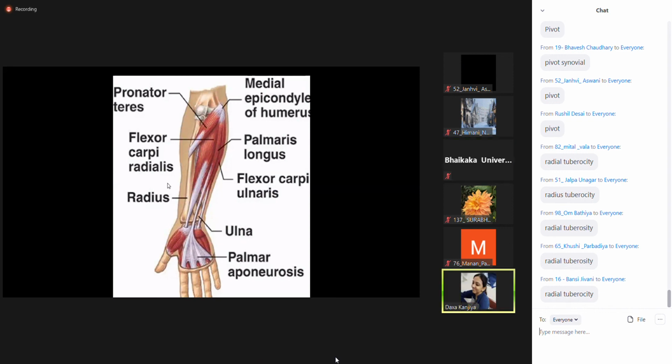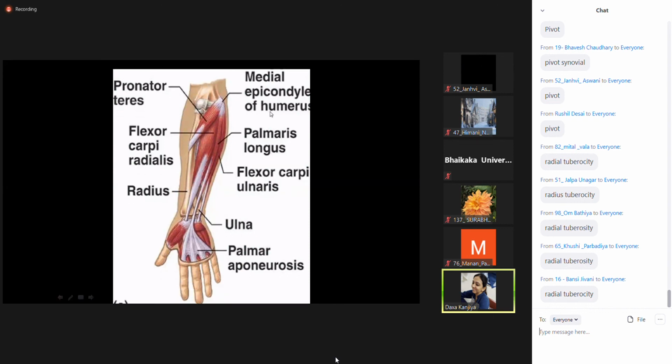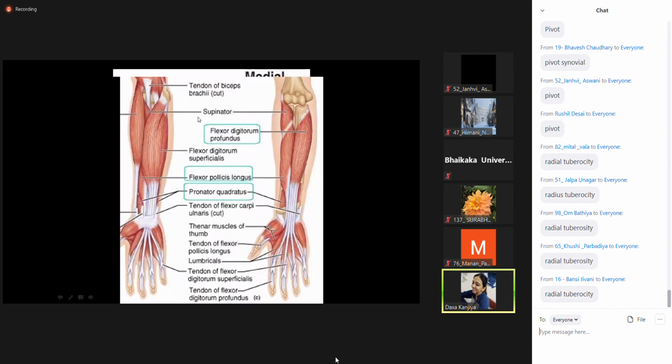So the superficial group of the muscles are flexor carpi radialis, palmaris longus and flexor carpi ulnaris. Then these are the deep group of muscles: flexor digitorum profundus, flexor pollicis longus and pronator quadratus.